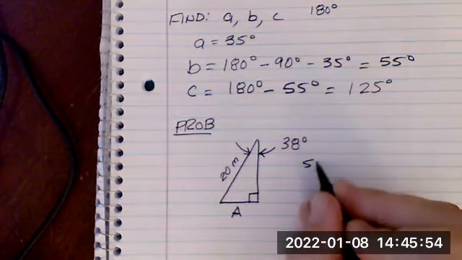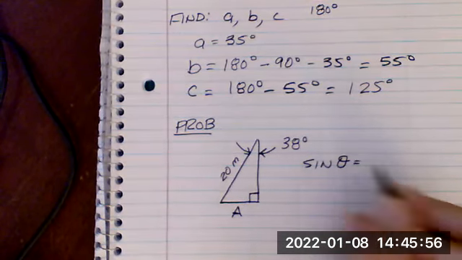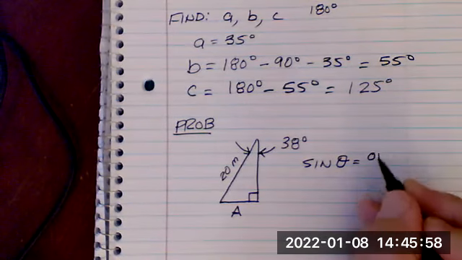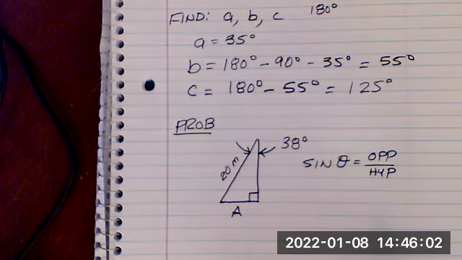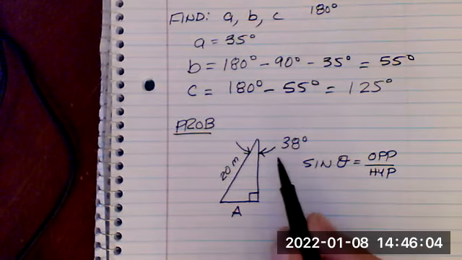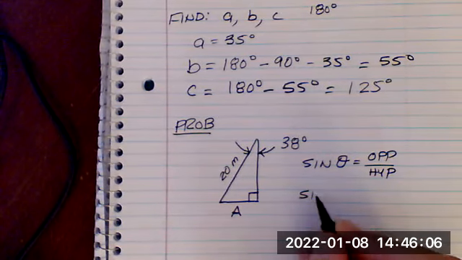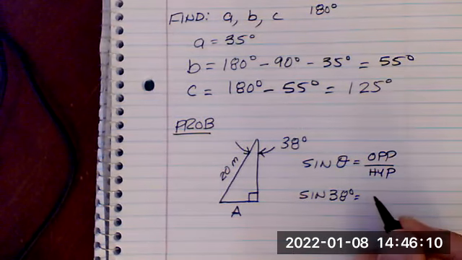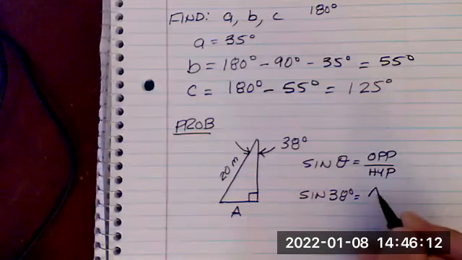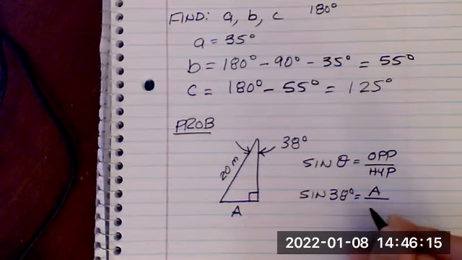Remember that sine of an angle equals the opposite side over the hypotenuse, right? So the angle is 38. So sine 38 degrees equals the opposite side, which is A, over the hypotenuse, which is 20 meters.